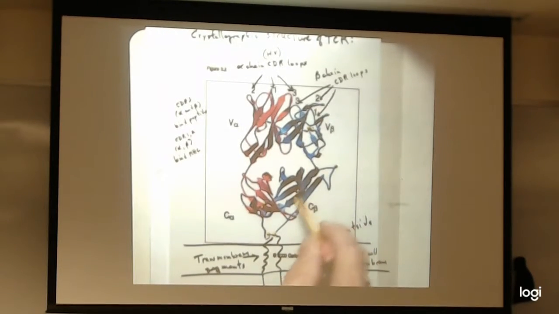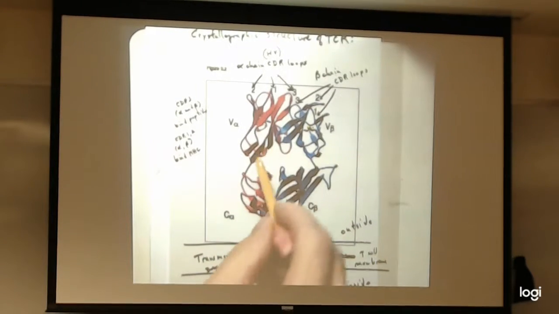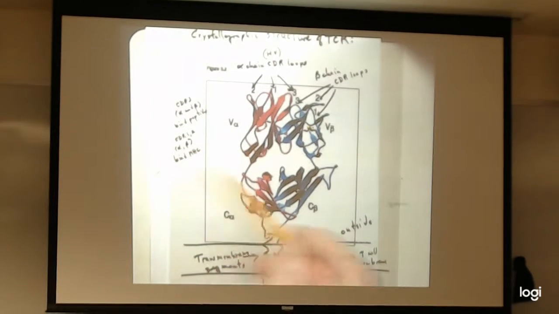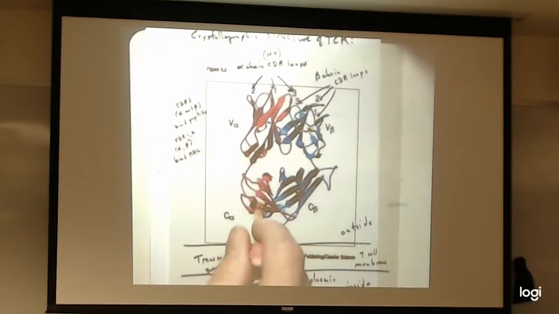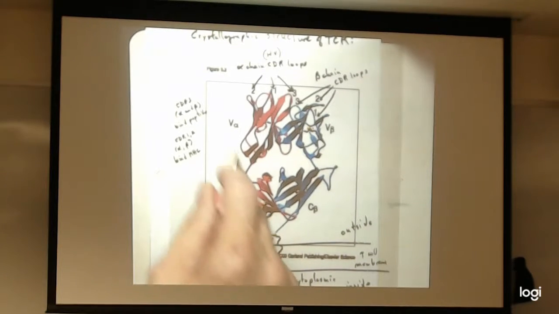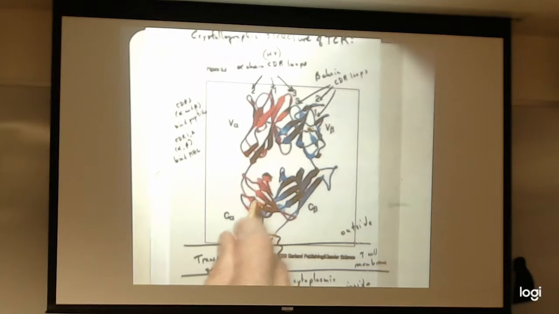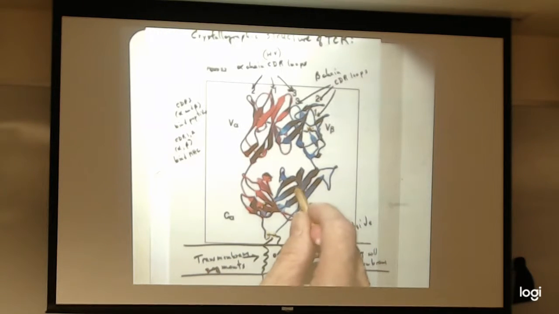When we generated an antibody, we talked about how we have a preformed gene for the light chain constant domains and the heavy chain constant domains.